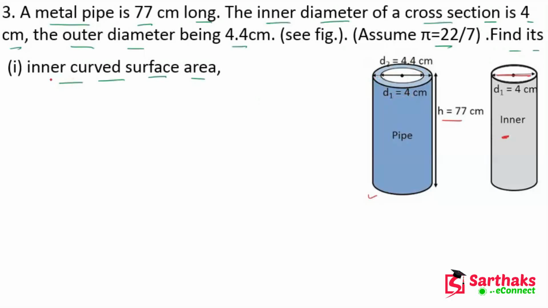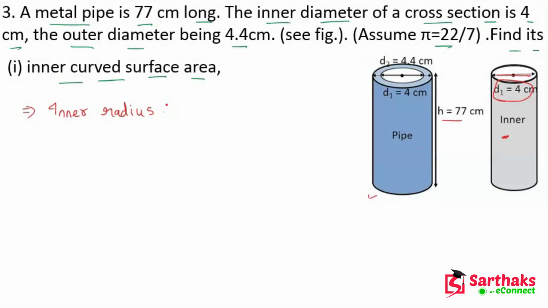So first of all, we have to find the inner curved surface area. For this, we have to take the diameter of the inner pipe, meaning the inner diameter. Now for finding the inner curved surface area, we have to find the radius. So we can write it as inner radius.